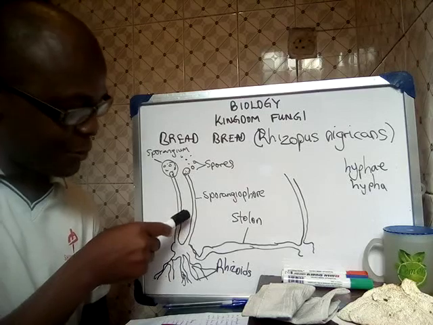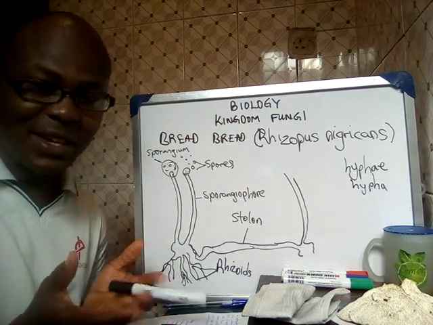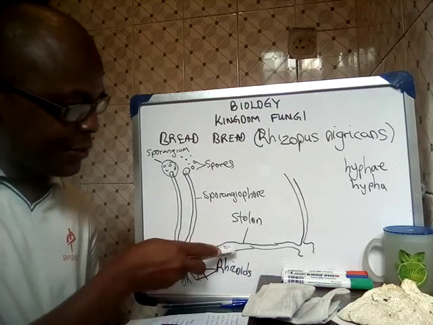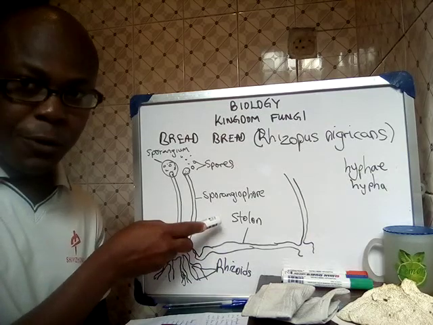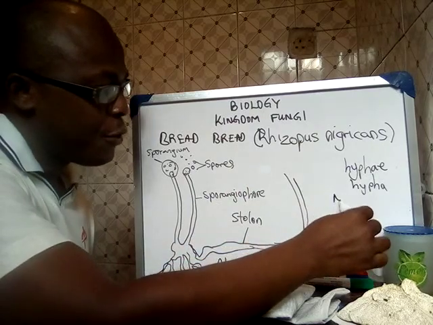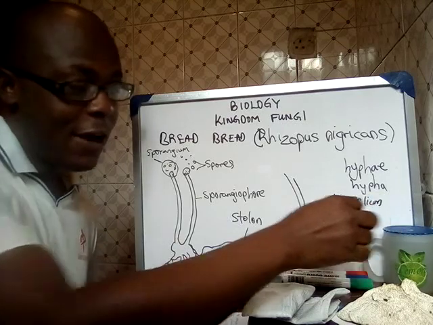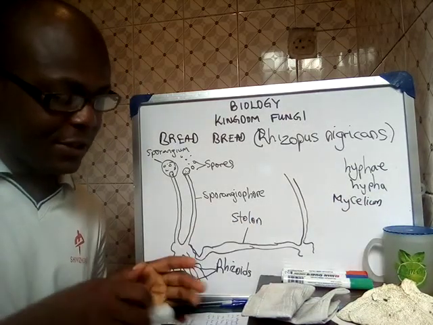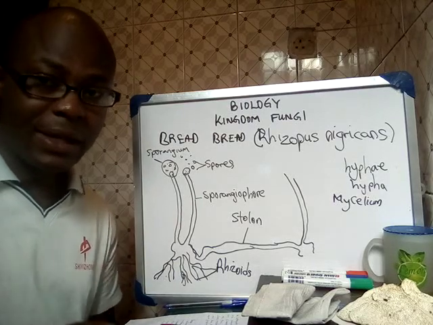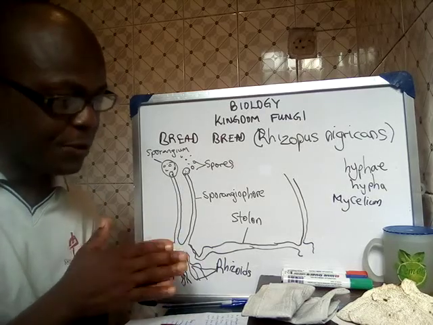And please don't call this one stems. So even though they give you that idea like roots and stems, they are not, right? So they are called rhizoid, stolon, sporangiophore. This whole mass put together is called mycelium. Mycelia for plural, mycelium for singular. So typically this is what the structure of a fungus looks like. The bread mold, the Rhizopus nigricans, that is what it looks like.